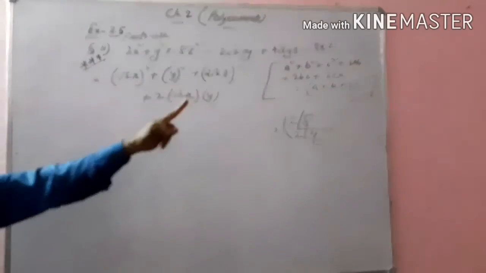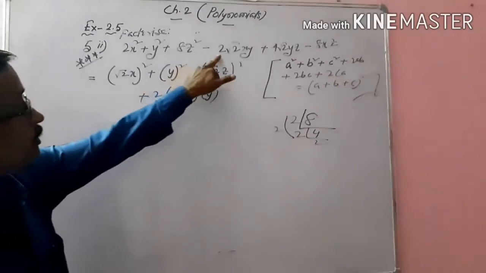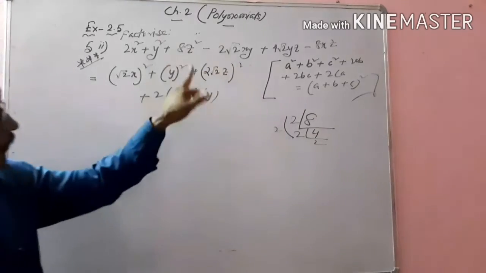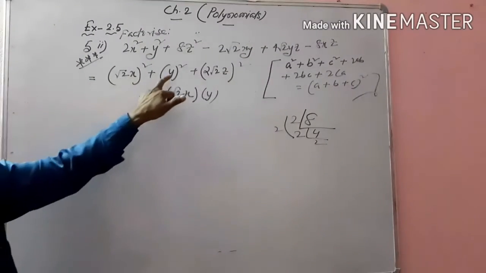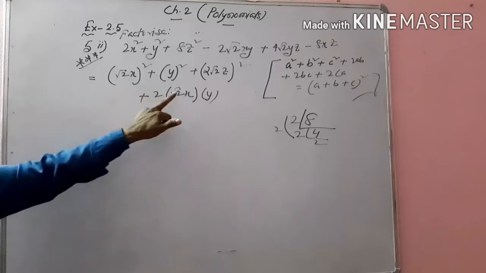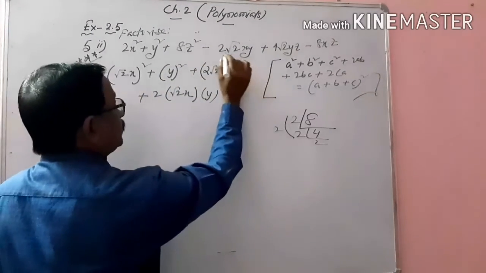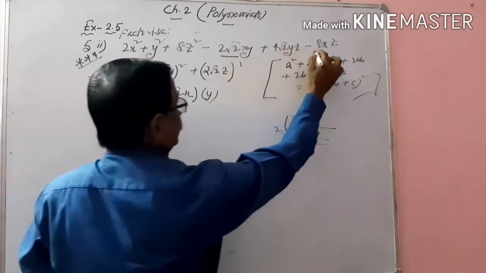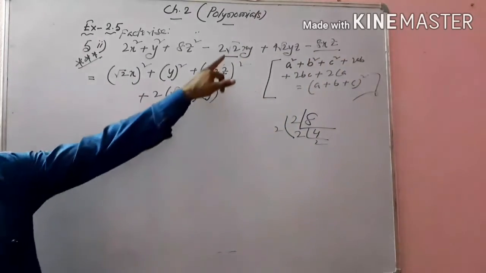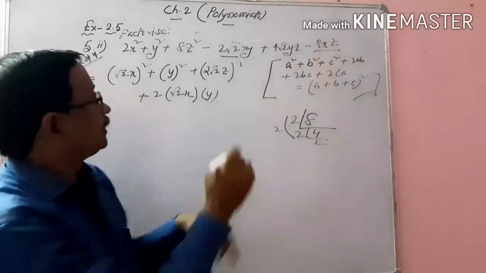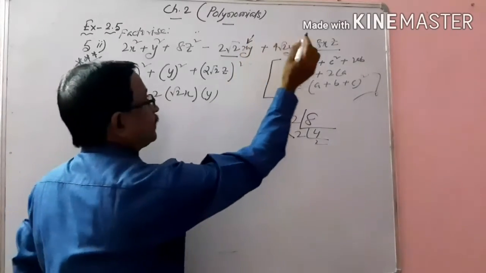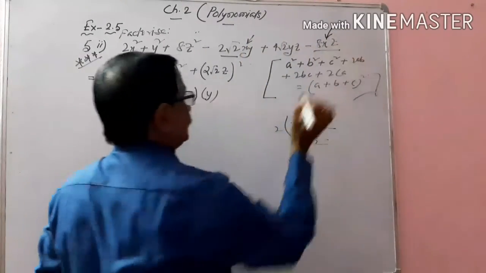But one question is there: as in the question a minus sign is there, definitely out of these 3, one must be minus, otherwise you will not get minus. Okay? So how do you decide which one is minus? You see, out of these 2 terms, x is there and in this term also x is there.